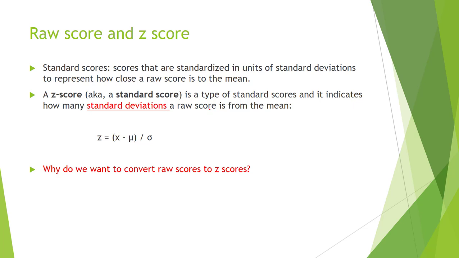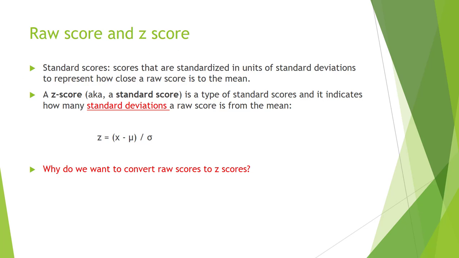I will tell you how close your score is to the mean. I express your 90 points in terms of the mean and standard deviation. I say your score is 1 standard deviation above the mean. So you know the relationship of your raw score with the mean.